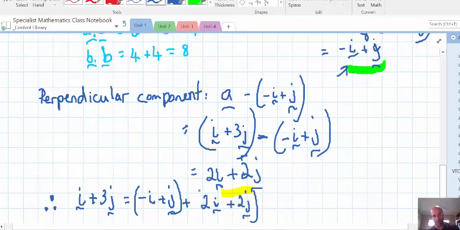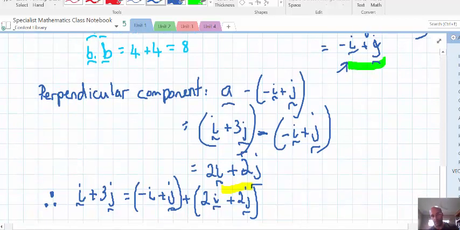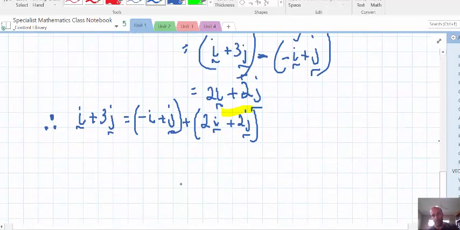That should be a case of left hand side equals right hand side. And we can do a quick check. Yep, the i's check out, and the j's, 3, 1, 2, yep, they check out.